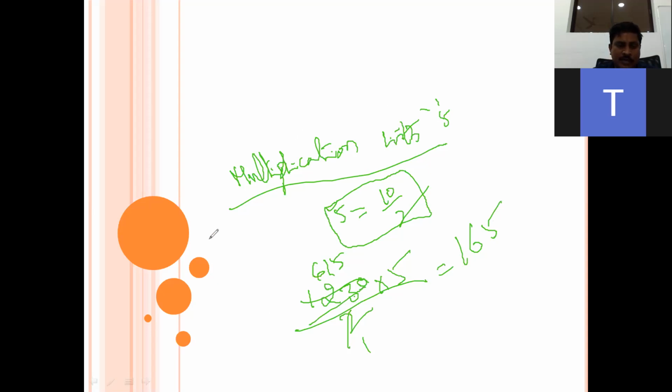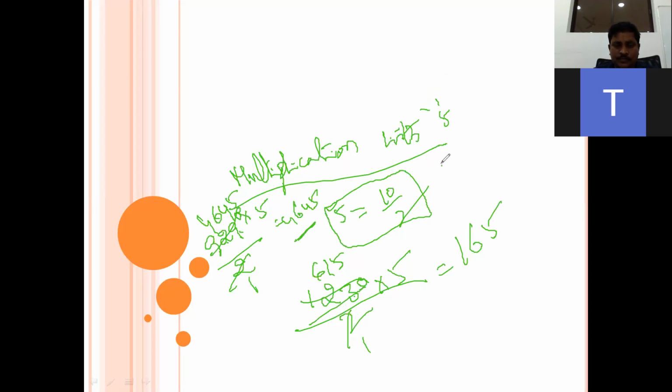Similarly, we take one more number, 929 into 5. After this value write 0 and divide by 2. 2 into 4 is 8, 2 into 6 is 12 with carry, 2 into 4 is 8 with carry 1, 10, 2 into 5 is 10. So 4645 is the multiplication of this value.